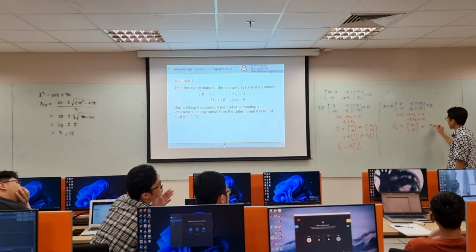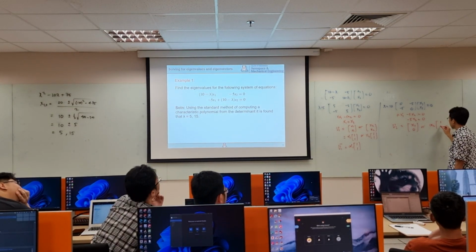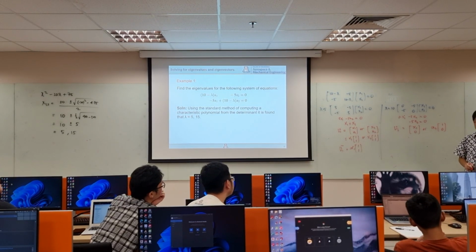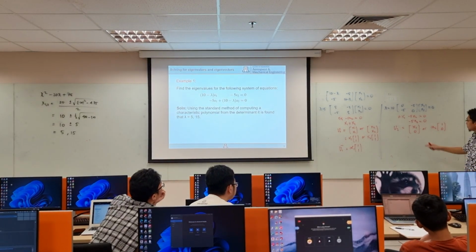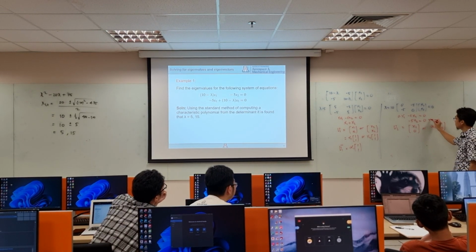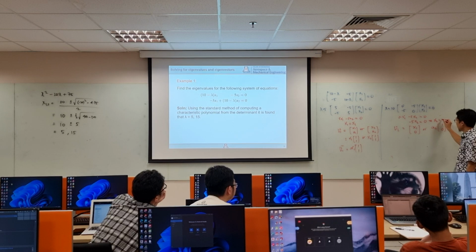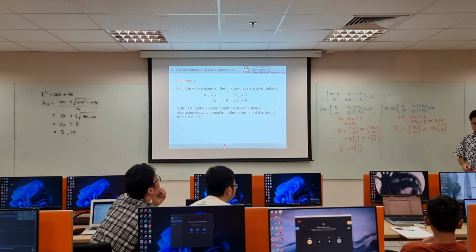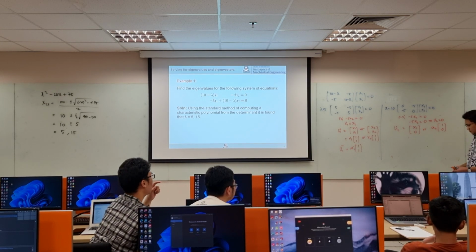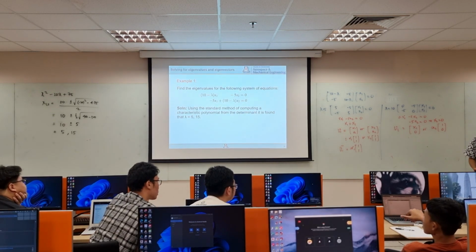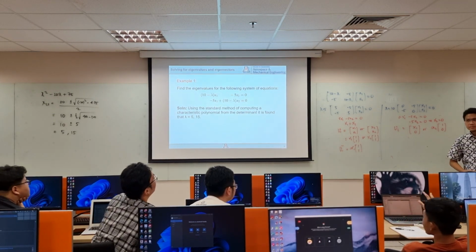So v2 is alpha 2 times (1, 0). This is the eigenvector. What is the value of x1? Any number. We only find from here that x2 must be 0. x1 is free to choose, since 0 times x1 equals 0.